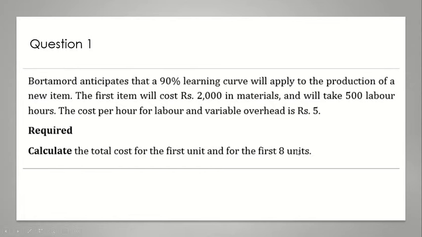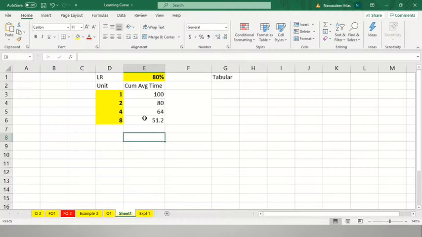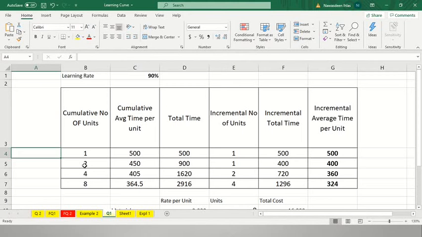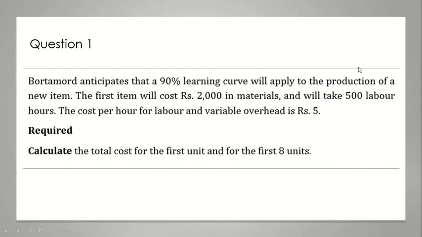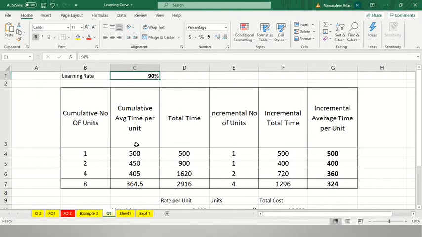So how are we going to find this? We can note down the basic information they have given in this question. So we'll go to this Excel. I have noted down already the learning rate 90%, fine. First item will cost 2,000 in material, fine.